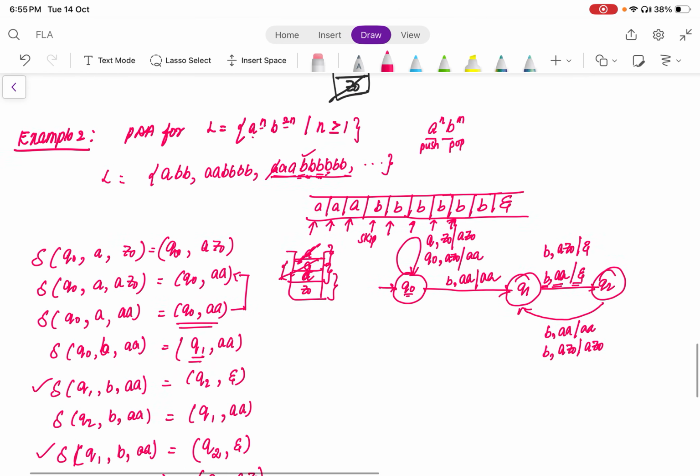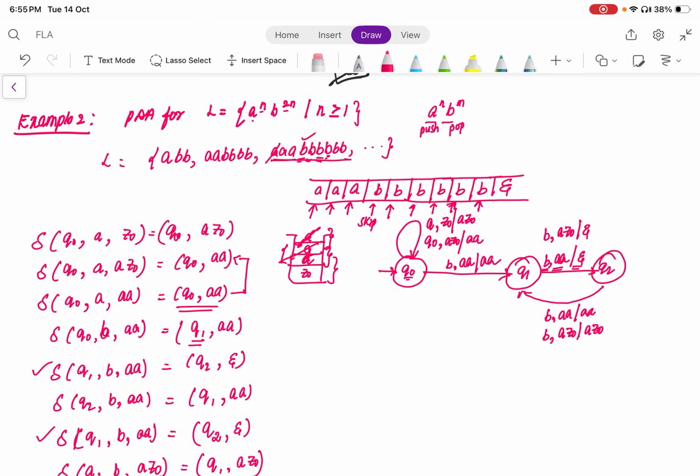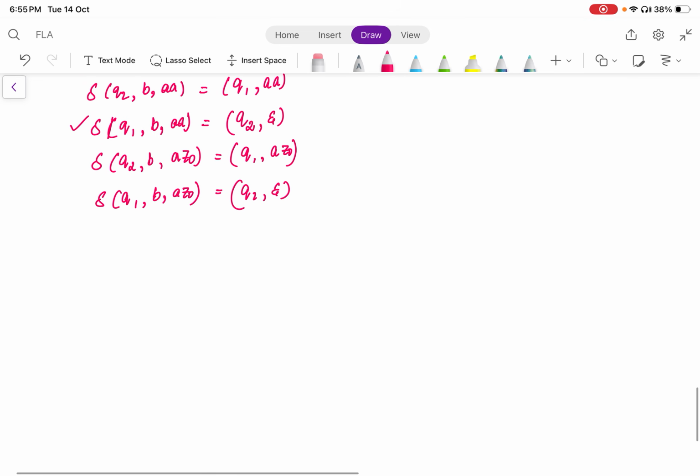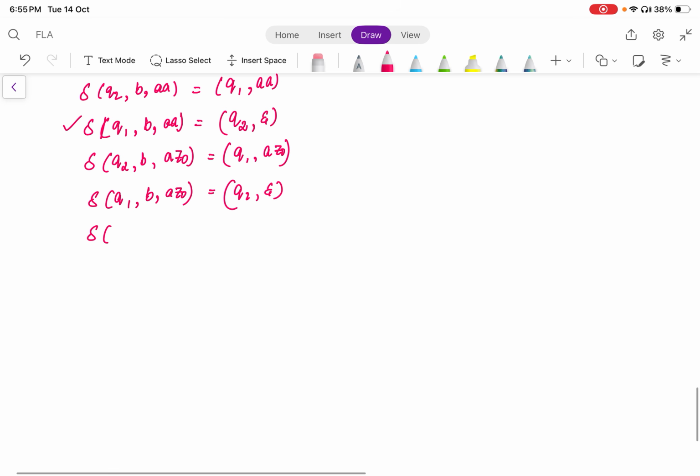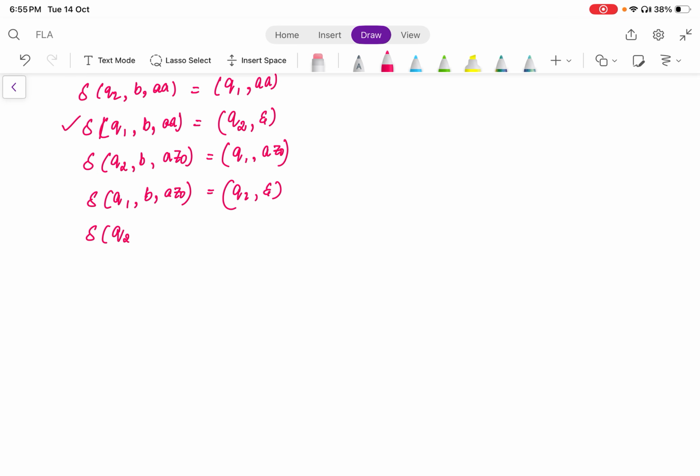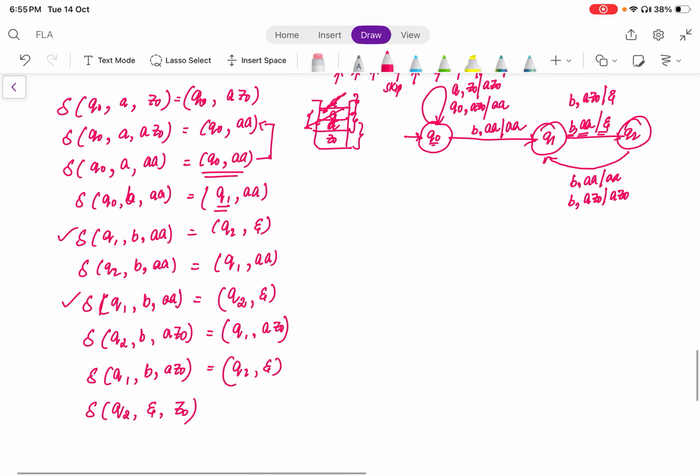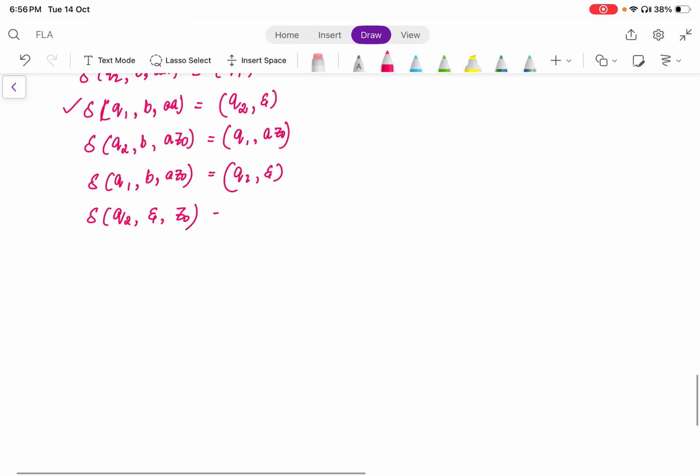So now all your A's and B's are over. Now you have epsilon as your last input. So delta Q2 is your state, epsilon is your input, stack. So we have popped another A, only you have Z naught in the stack. You are going to pop that as well. So it is a new symbol and you are popping.